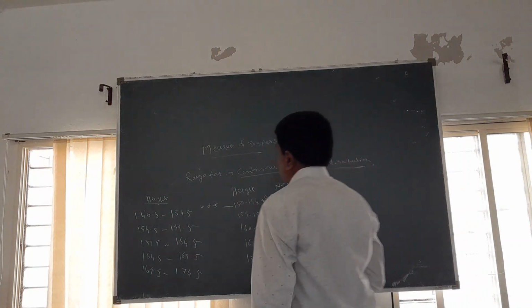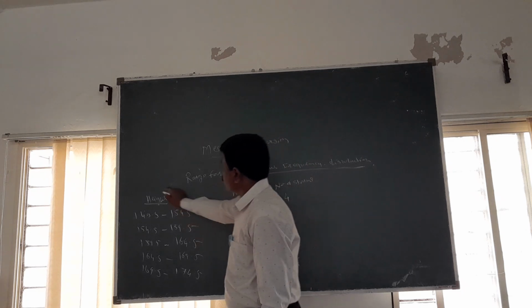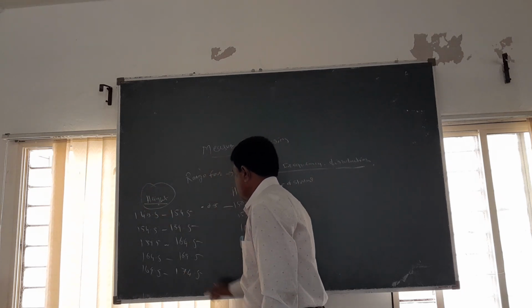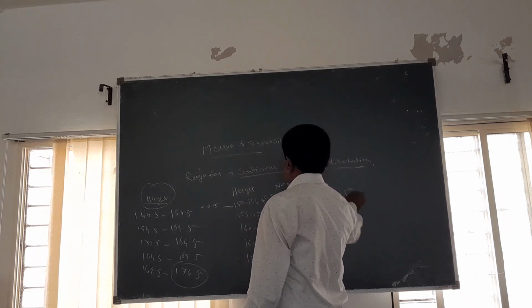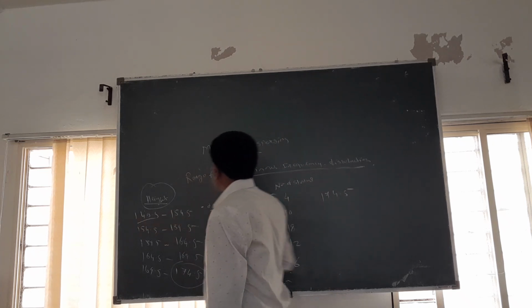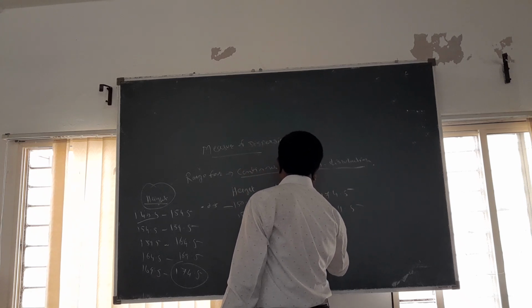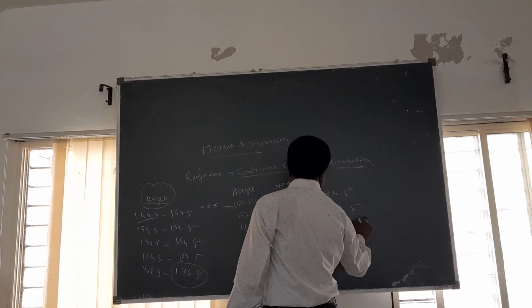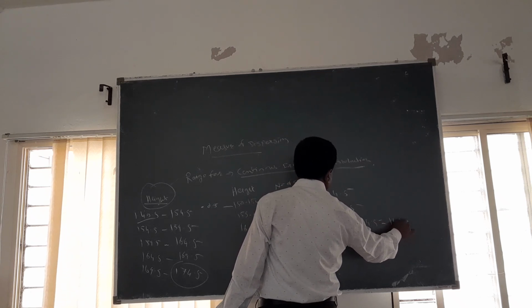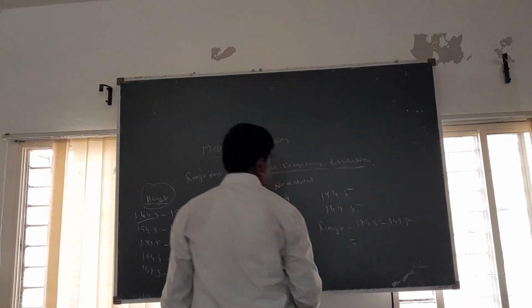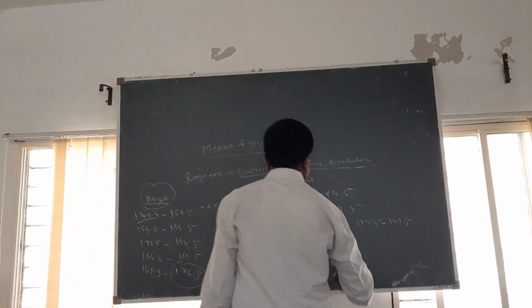Here the largest value of the variable is 174.5 and the smallest is 149.5. That is, range equals 174.5 minus 149.5, that is, range is 25.